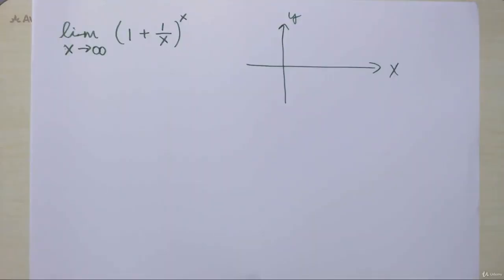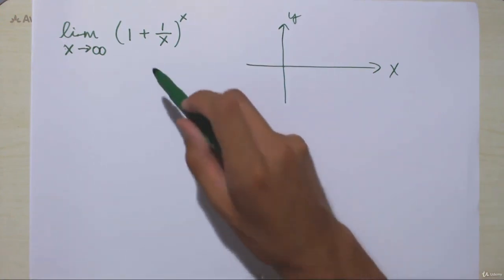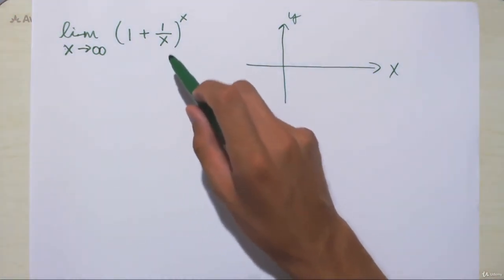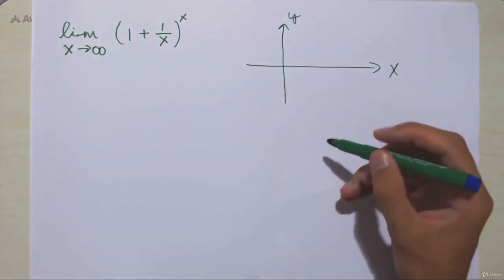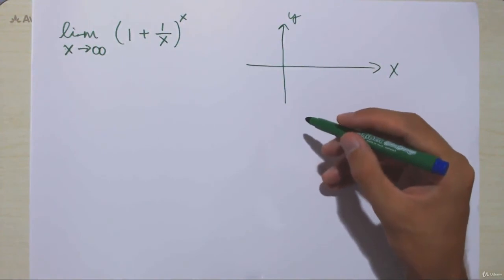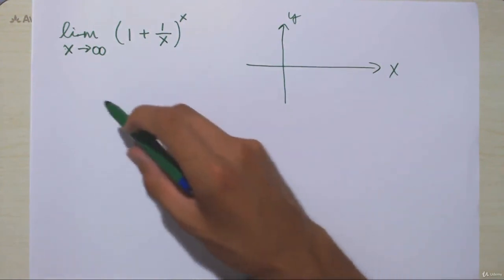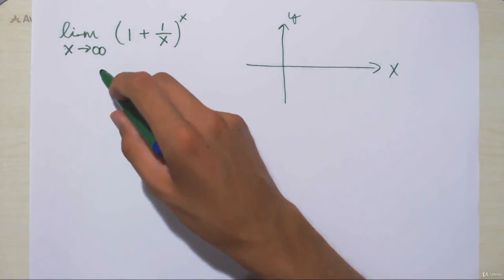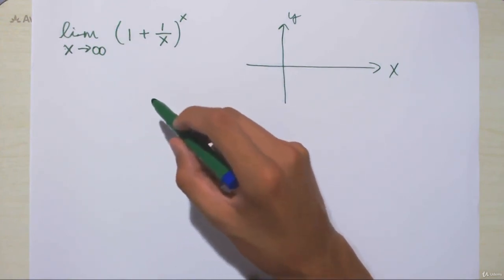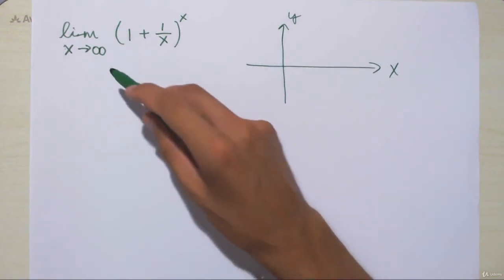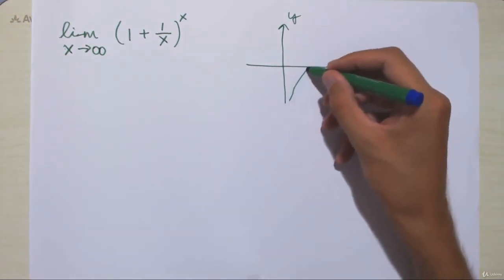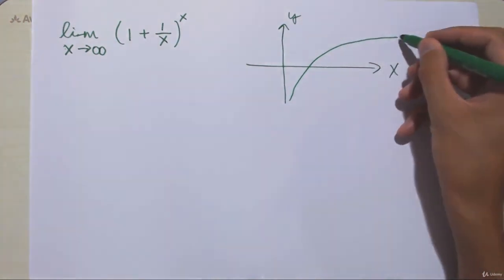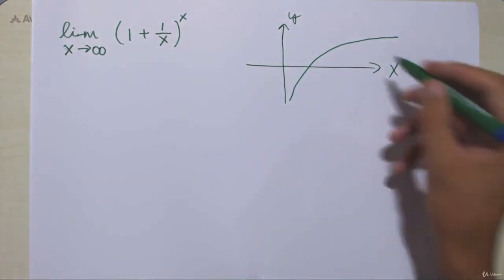I also want to show you very quickly a very special function in mathematics, which is this one: (1 plus 1 over x) to the power of x. The reason why it's so important is that as x approaches infinity, and by the way, this is not an exercise, I'm just showing it to you, your function would approach a certain value.